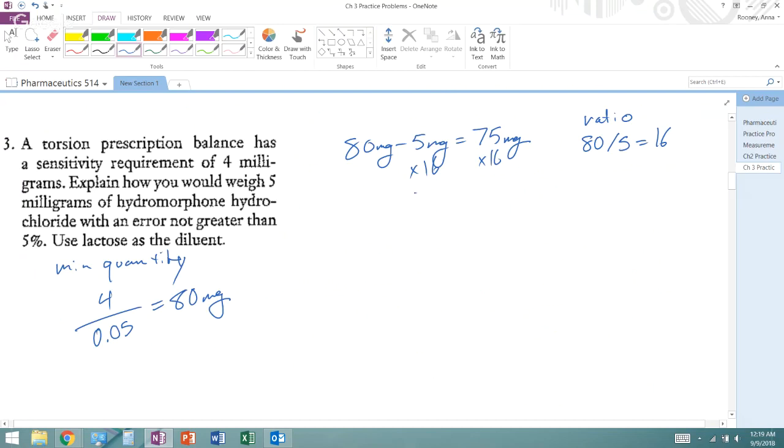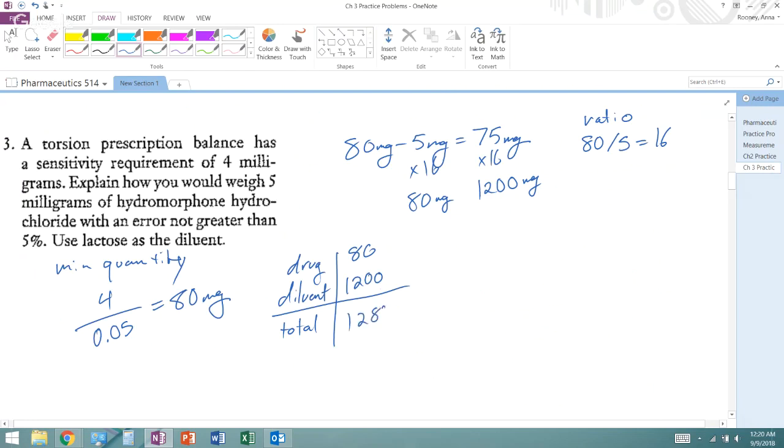Find that this is 80, and this is 1,200 milligrams. Okay, so then our drug, diluent, and then our total. So we have 80, we have 1,200, and then this is 1,280.